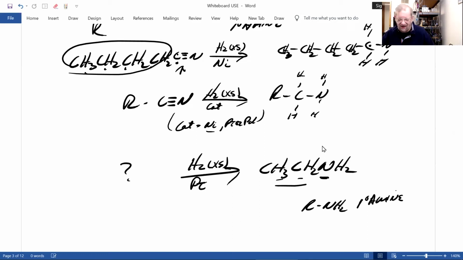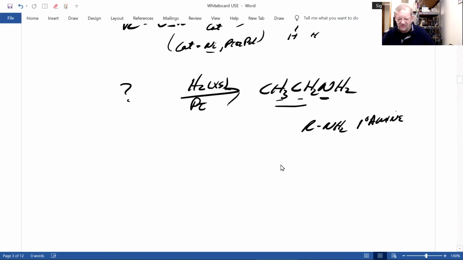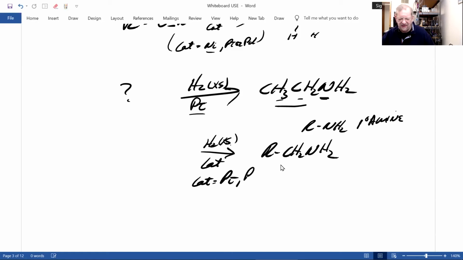And I could also write it this way. And what do we react with hydrogen excess and platinum as a catalyst? Remember, the catalyst can be platinum, palladium, or nickel. You start with a nitrile.